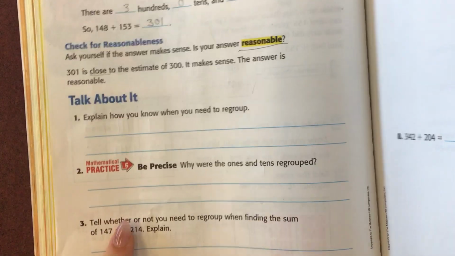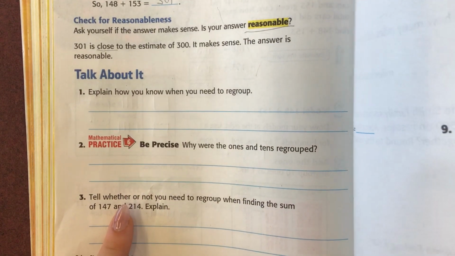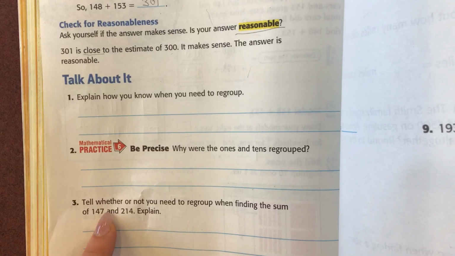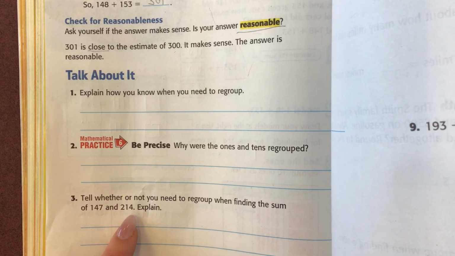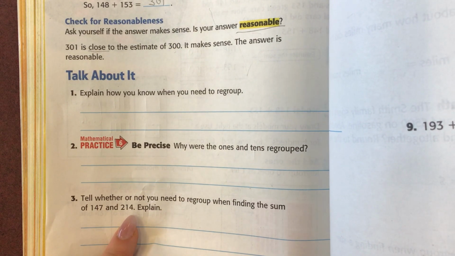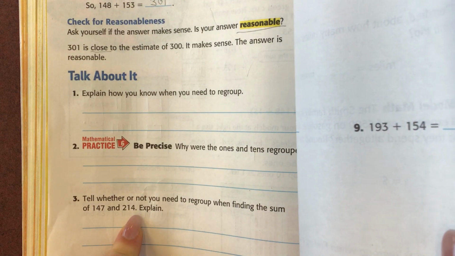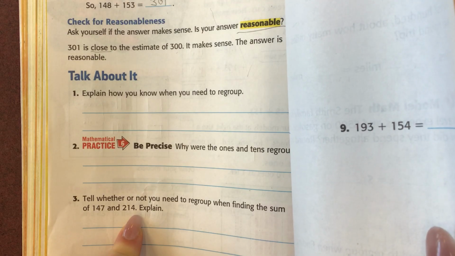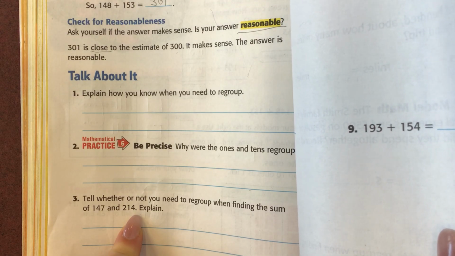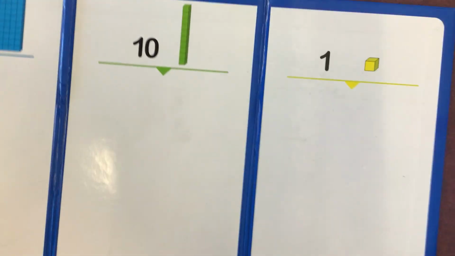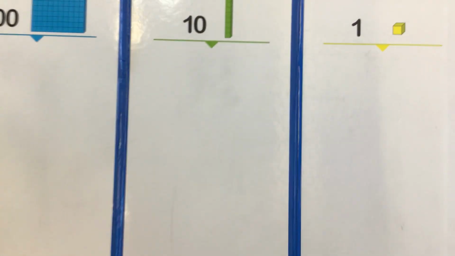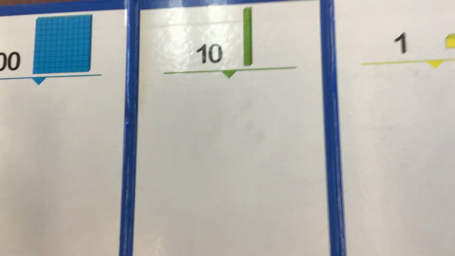And our third question is, tell whether or not you need to regroup when finding the sum of 147 and 214. Well, I actually think this might be a good opportunity for us to model what this looks like on a real place value chart.